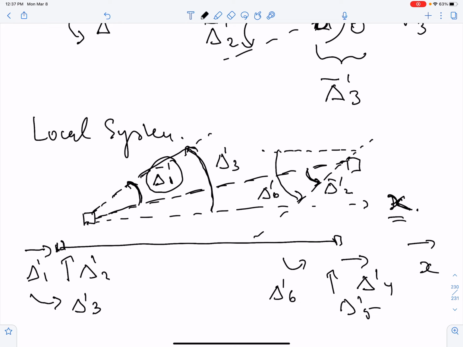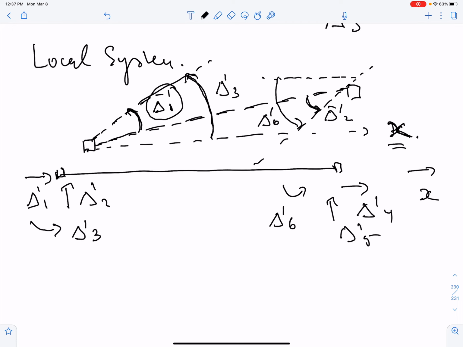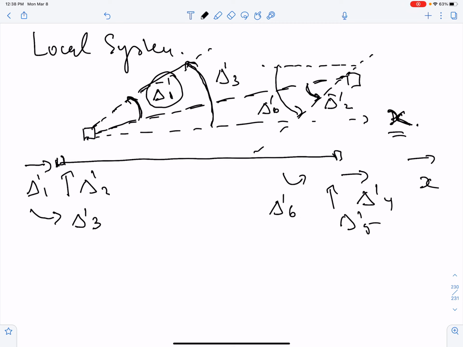And so what remains to be done is to relate delta over bar prime and delta prime as vectors. Let's do that.